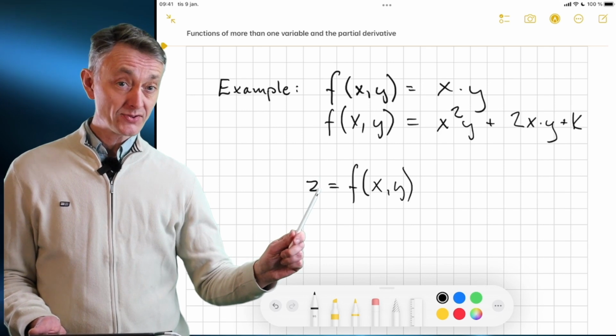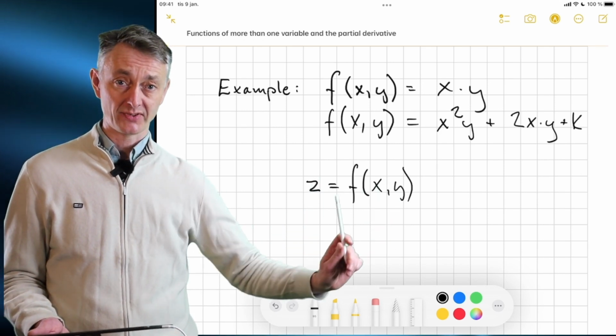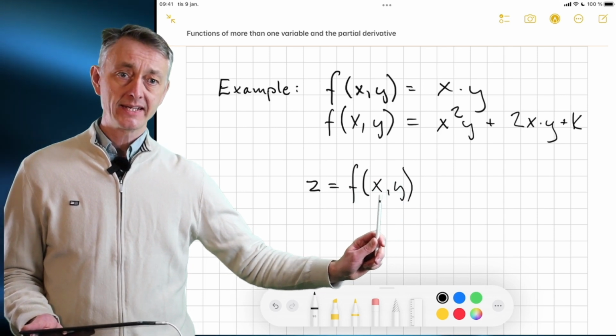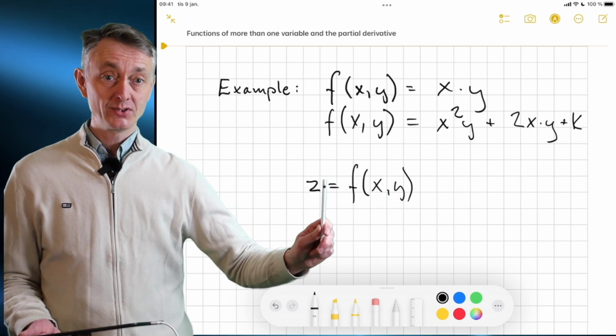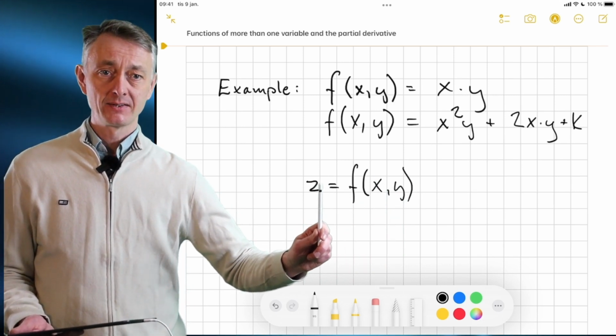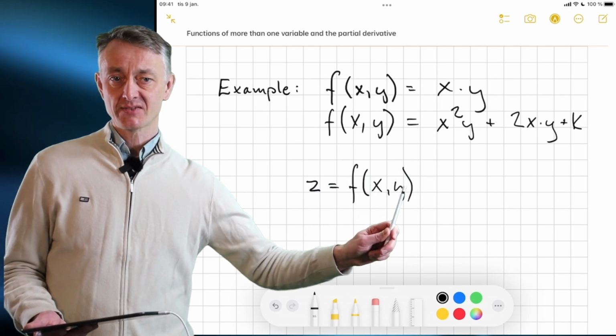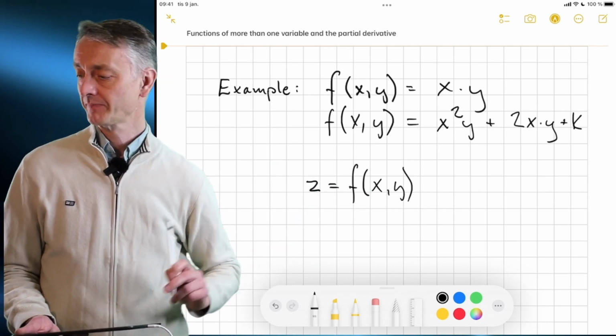So this is the endogenous variable, and these x and y are the exogenous variables. They are given exogenously, and when you plug these in, voila, you get, from using this function, this endogenous variable z. So if you use this much labor and this much capital, you're going to get this much production.